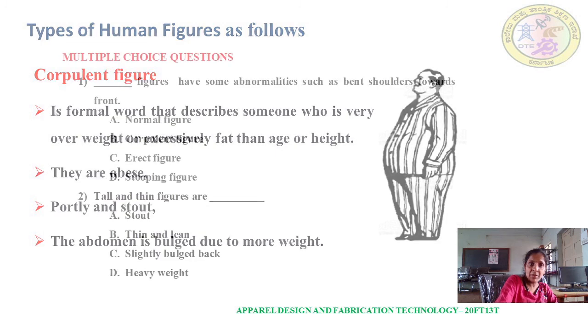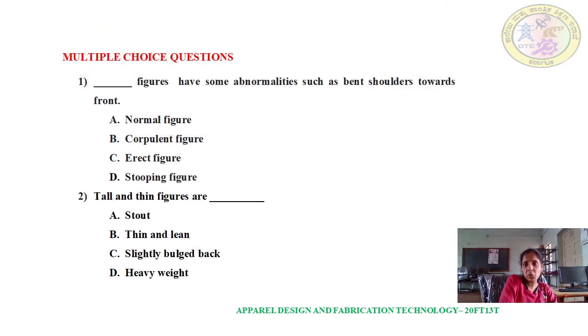Now let us have a glance at multiple choice questions after the completion of this session. Dash figures have some abnormalities such as shoulders bent towards the front. Options are normal figure, corpulent figure, erect figure and stooping figure.